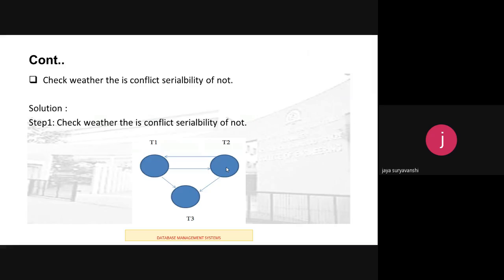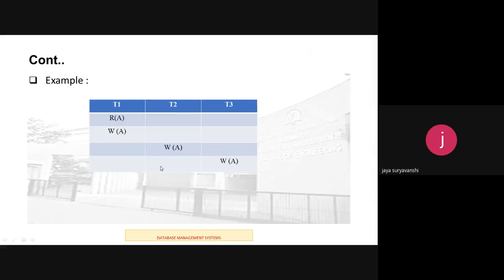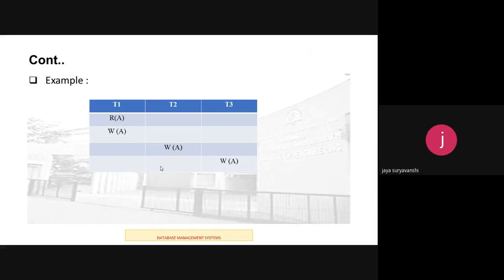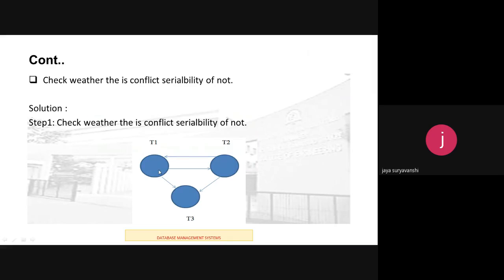Here the edge is like this, that is, T1 to T2.